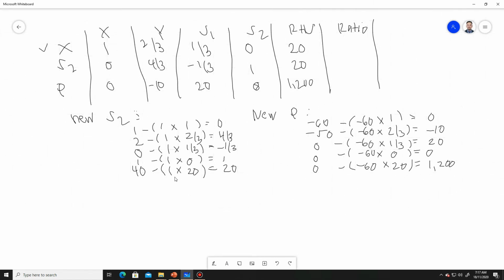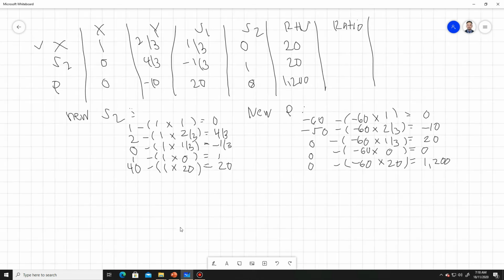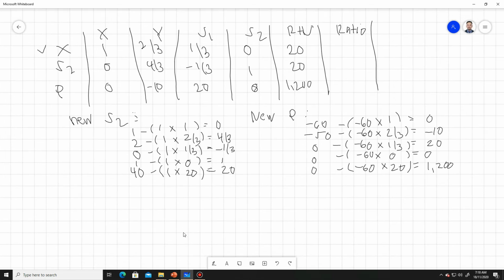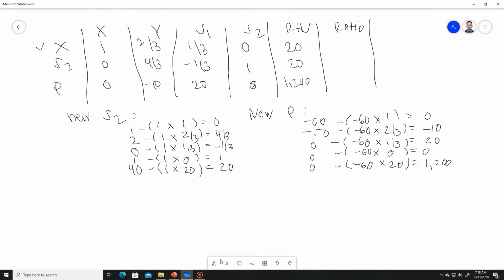Next procedure is to test the optimality. Since meron tayong negative, mag-iteration ulit tayo. Now, we will do another iteration. So, this is as the second table. So, we will do another table, which is the third table.